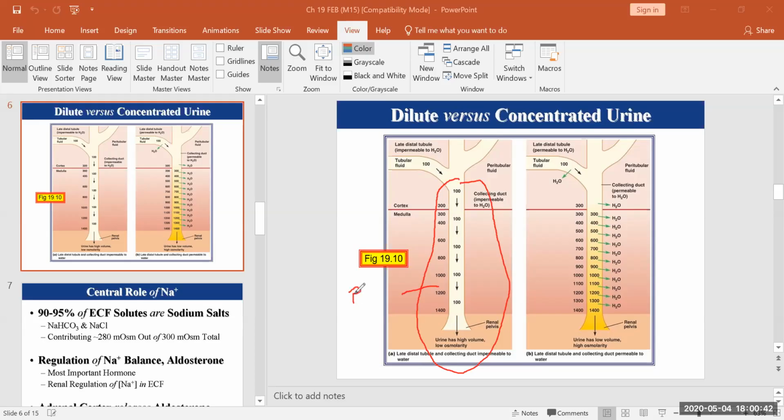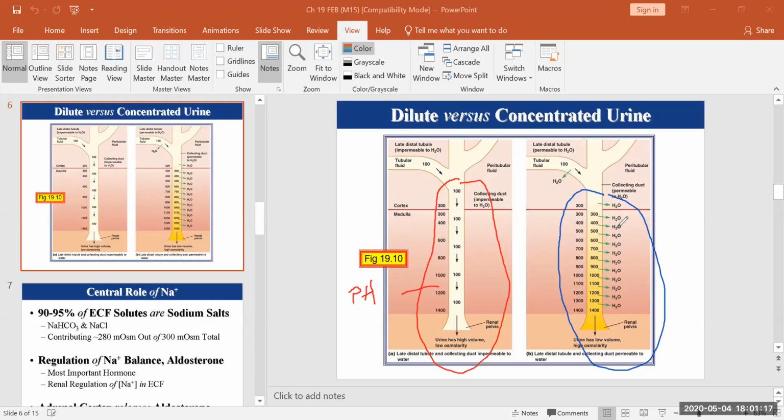Proper hydration. If you are properly hydrated, the urine is dilute. Nothing happens. But if you are dehydrated, this is what happens. The collecting duct now has aquaporins inserted so water can leave.